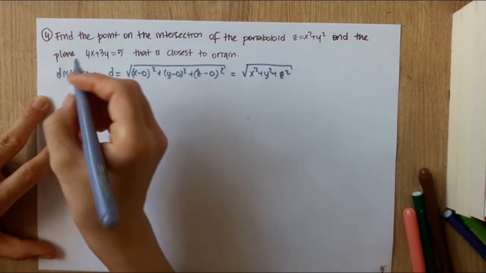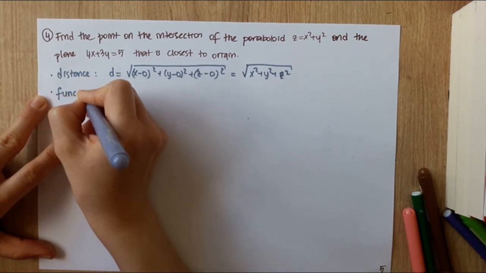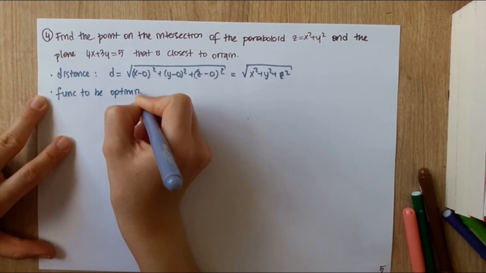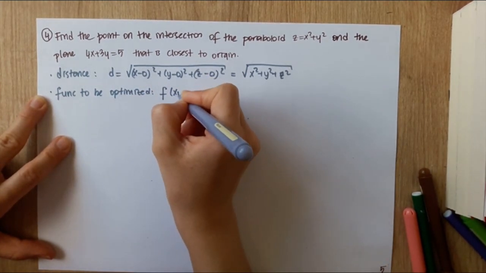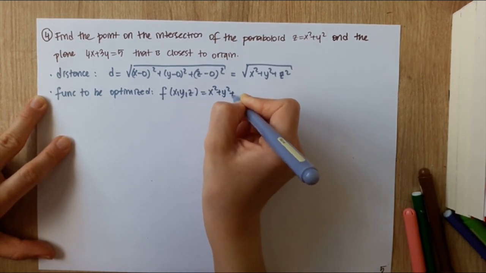So to make calculations easier, I will choose the function to be optimized as x squared plus y squared plus z squared.